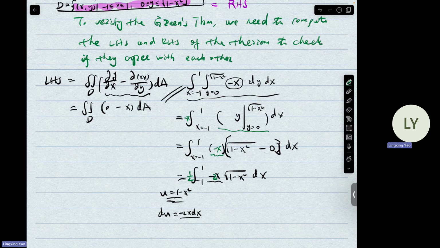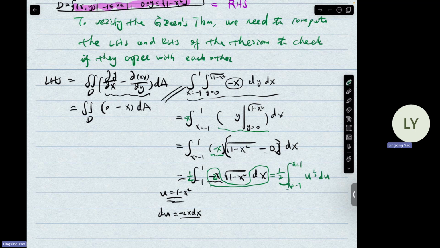So this is becoming 1/2 times the integral from negative 1 to 1. We got to be clear: x equals negative 1 and x equals 1. And over here, this times that is becoming du. And this is the square root of u, which is u to the power of 1/2.